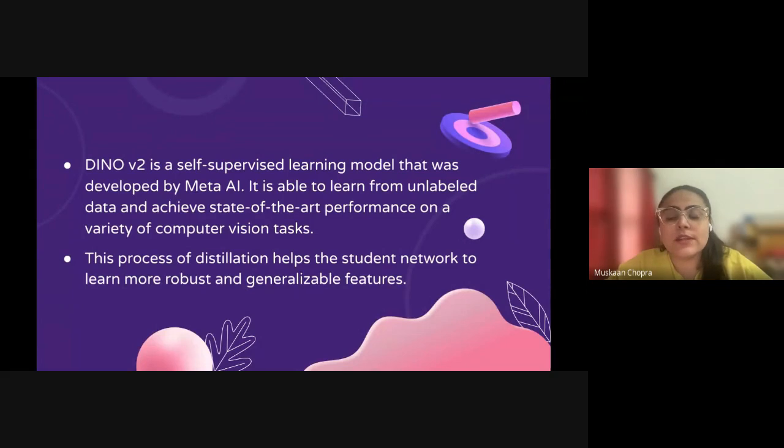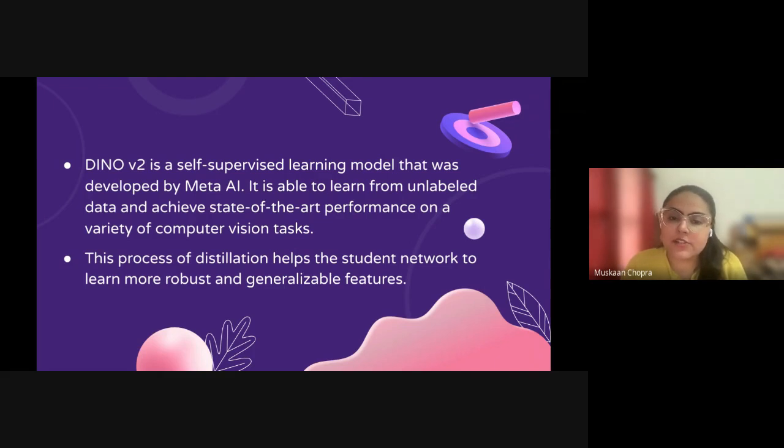The student network is trained to predict the output of the teacher network given the same input image. The process of distillation helps the student network to learn more robust and generalizable features. DINOv2 also uses a number of other techniques to improve the performance of the student network, such as local to global correspondence.